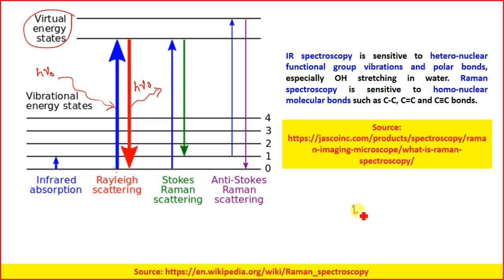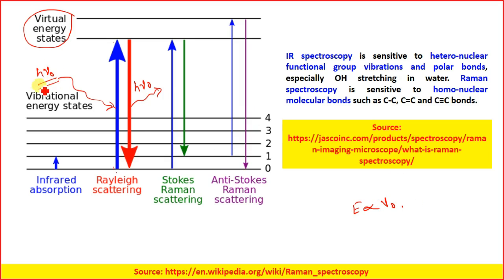We have seen energy is directly proportional to frequency, so there is no change in energy. Whatever energy you incident on the molecule, the electron absorbs it, goes up to the virtual energy state, and from there comes back to the original state, releasing the same energy in the form of h mu naught.